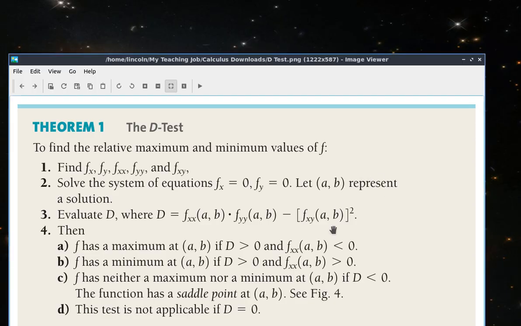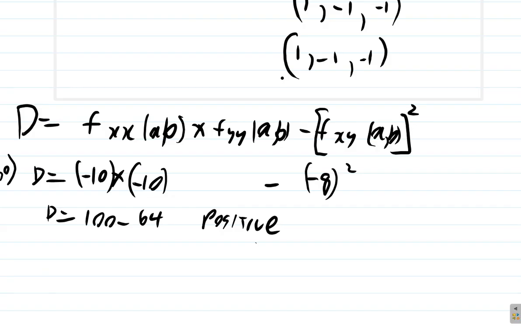Now, this D is positive, D is greater than 0. What happens at fxx? Let's make a note, D is greater than 0.